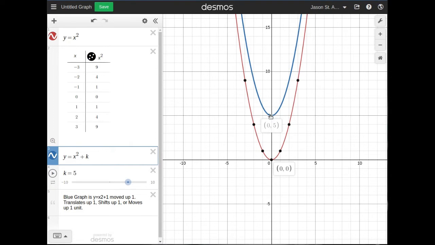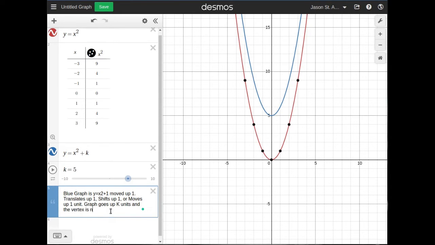Huh, that's interesting. So the vertex of the first graph is always 0, 0, but the second graph is always 0, k. So the graph goes up k units, and the vertex is now 0, k.